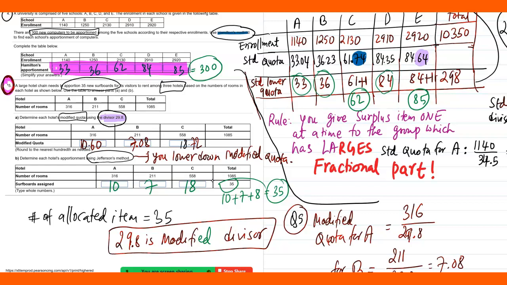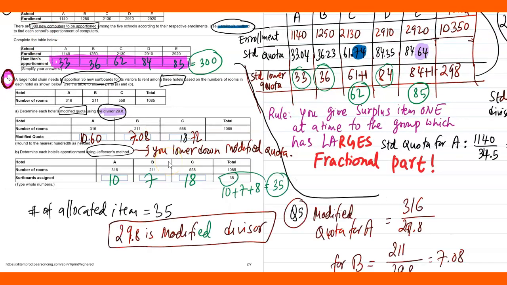That's the beauty of the Jefferson method. This makes sense. Okay, Jefferson: find the modified coda, lower down. That's the Jefferson method.